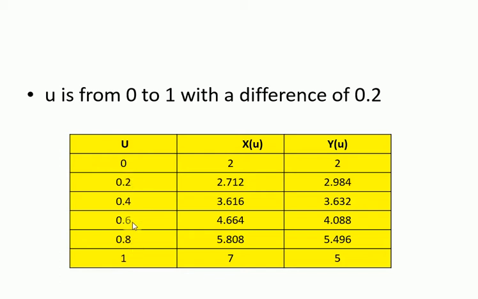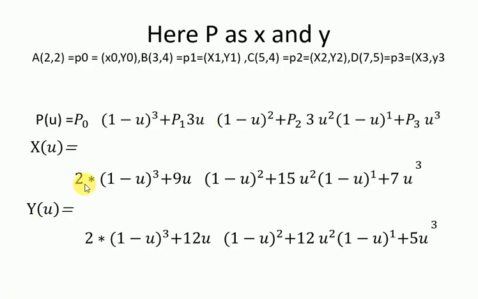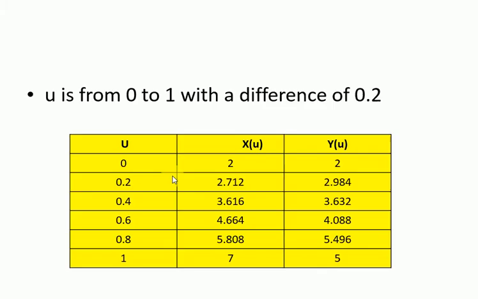Then 0.4, 0.6 and 0.8. So substituting these values in this equation, for x when u is 0.2, we get the value 2.71, and substituting the same in the formula for y with u equal to 0.2, we get 2.984, and similarly all these values here.